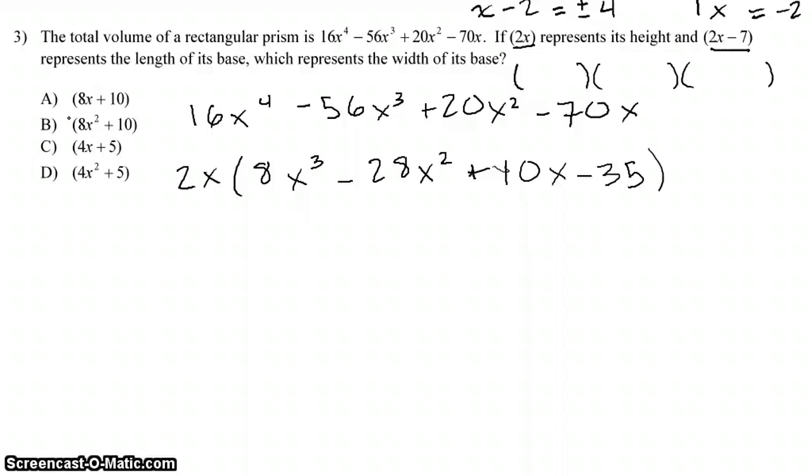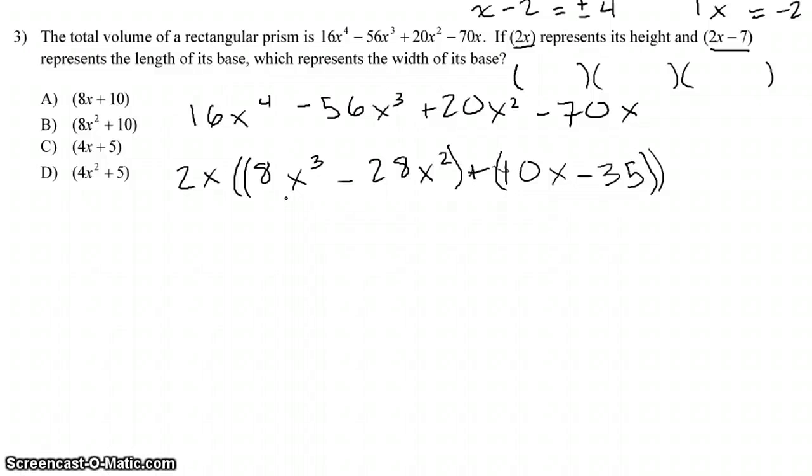Then what we want to do is group the first two and second two of what's left over and try and pull out so that we're left with 2x minus 7 inside. So I'll group the first two, group the second two, and let's see what we can pull out of here.